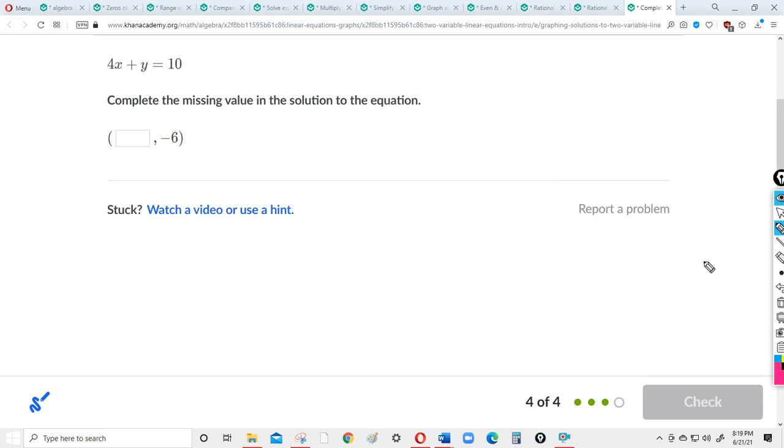Alright, so I think these are all going to be the same. Okay, remember this is x comma y. So y is going to be -6, and we're looking to solve for x.